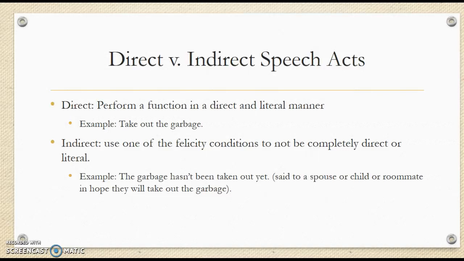A lot of other cultures fall into this indirect speech act. They would consider it rude to say to somebody, even your kid, take out the garbage. So they might say something along the lines of, the garbage hasn't been taken out yet. You're saying it, you're not asking, you're not requesting, you're not performing a direct speech act, but you're hoping that the hearer will take up the information that you've given, realize that you hope you're taking the garbage out, and then they'll do it.